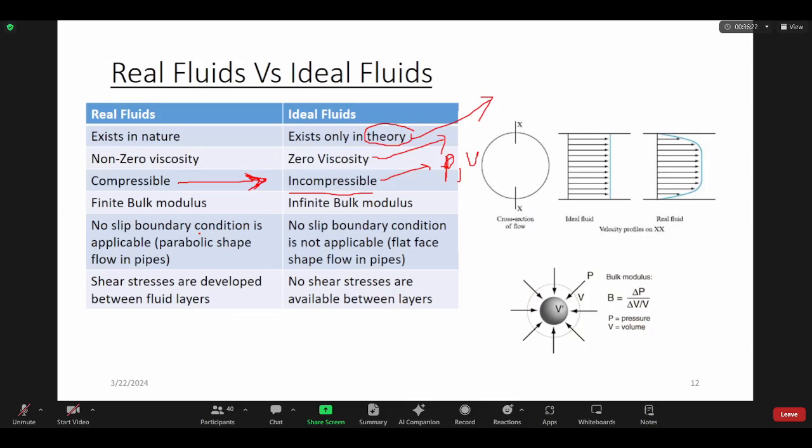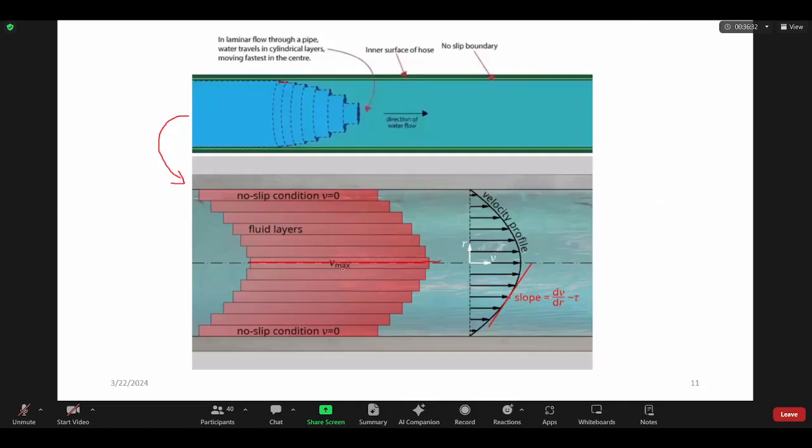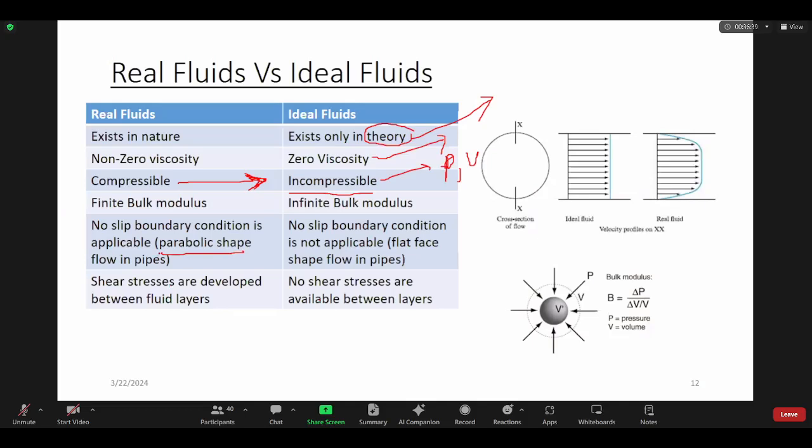In real fluid, the no-slip boundary condition is applicable. You can see parabolic shapes. I will show you this area is parabolic. The no-slip boundary condition is not applicable in an ideal fluid, which has a flat-face shape flowing in pipes.